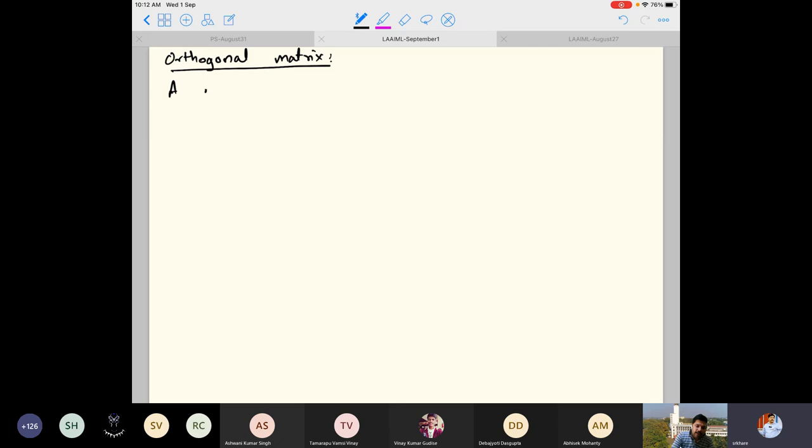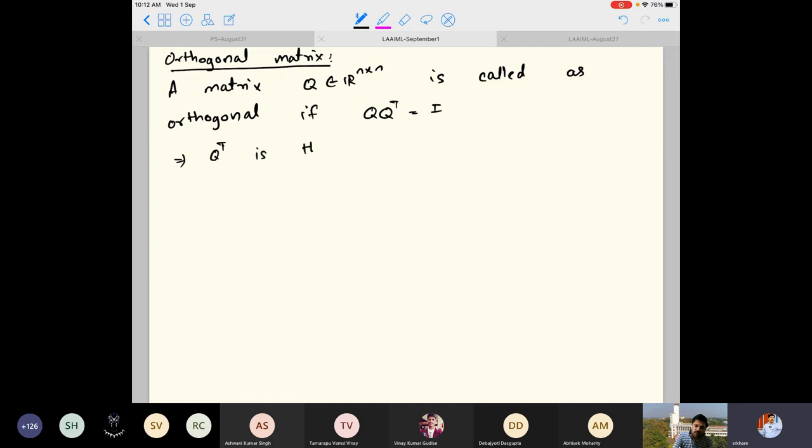So a matrix Q in R n cross n is called an orthogonal matrix if q transpose q is equal to identity, which really means that q transpose is the inverse of q, correct? So calculation of the inverse of an orthogonal matrix is really very easy. You just have to take the transpose of the matrix and you get q transpose.